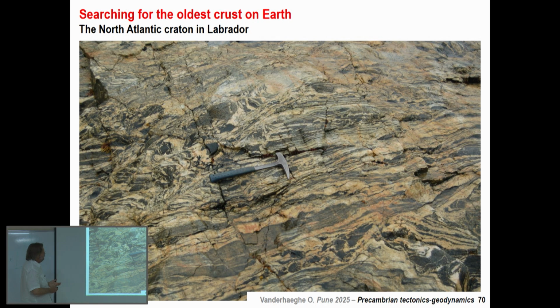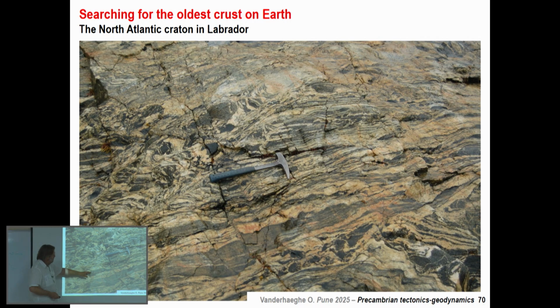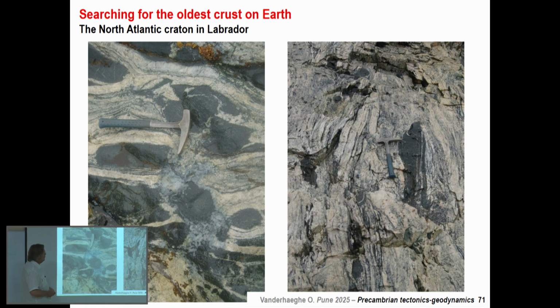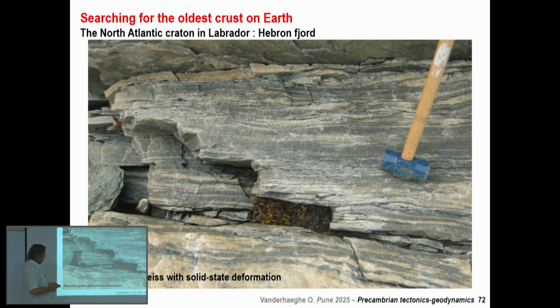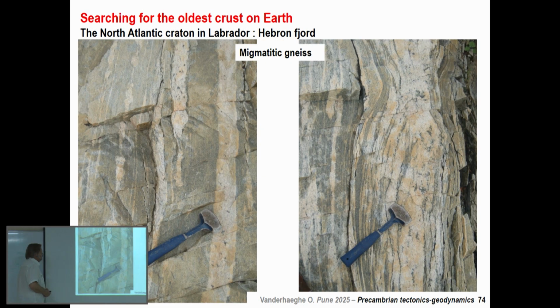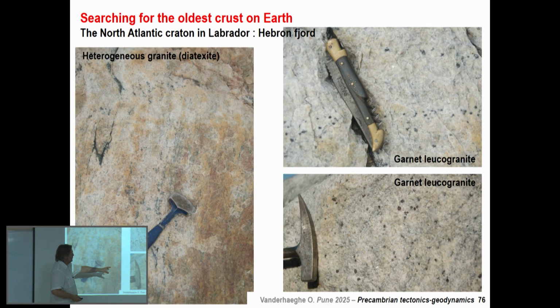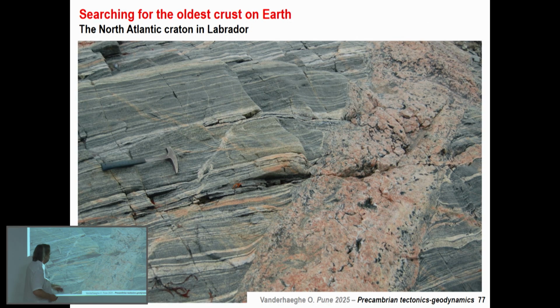And here we have examples of these residual mafic rocks and lots of leucosomes. Other examples. Okay, so I'm going fast across that. And at the end, we get garnet leucogranite and even potassic granite, and that's the last phase of magmatism.